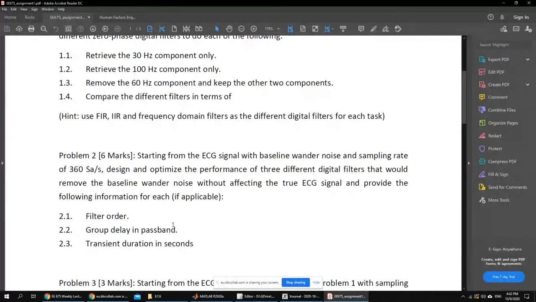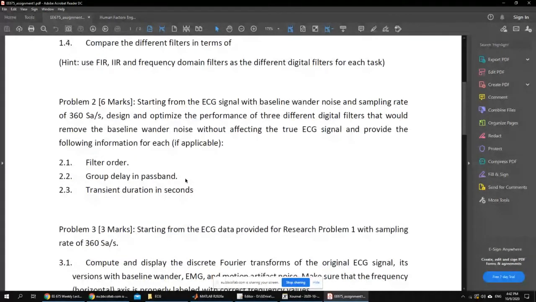Whenever you get into this second part, we will see that these two problems are open problems, meaning that they do not have clear-cut solutions. It's a matter of the real world.